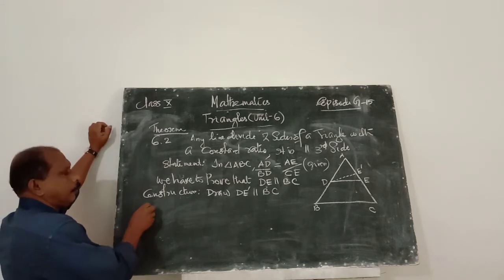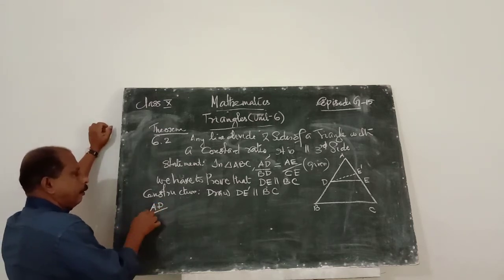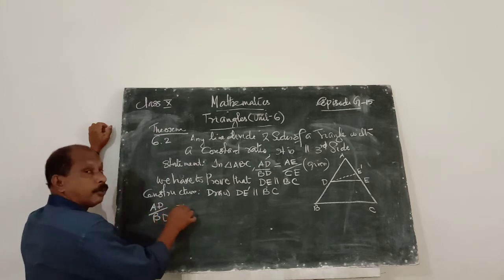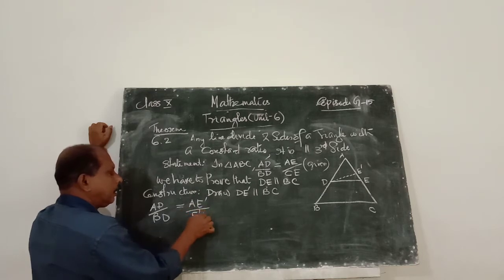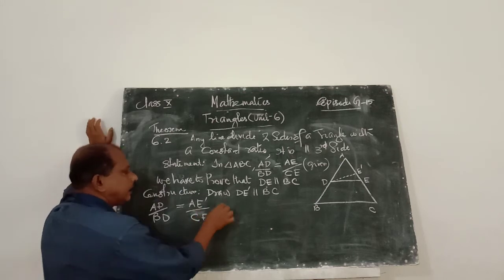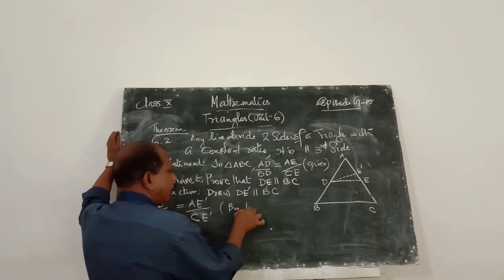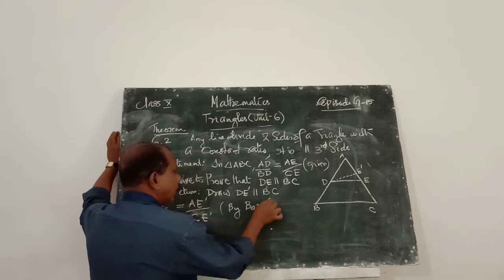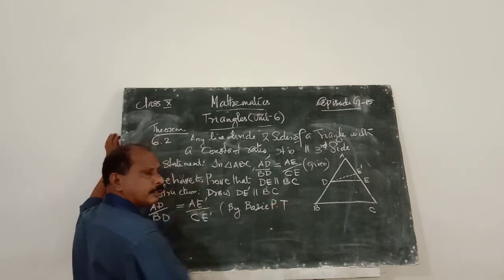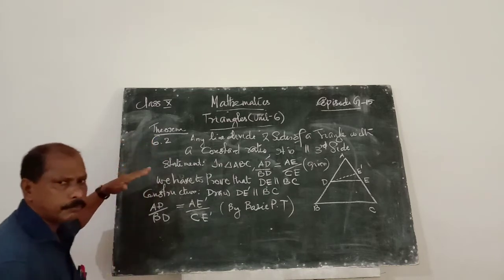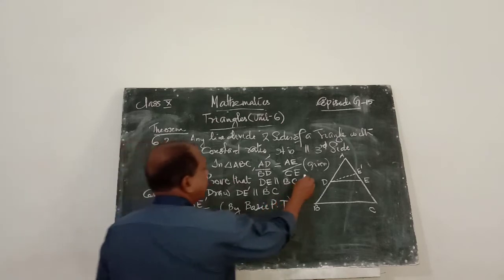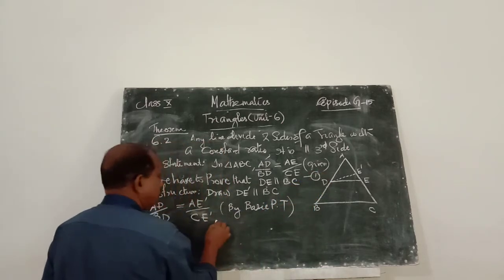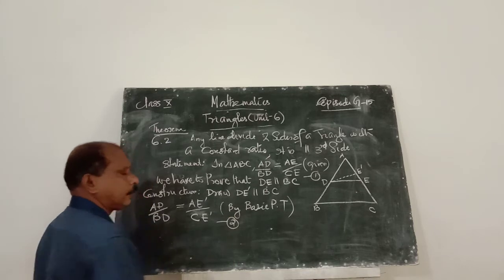Therefore, AD by BD is equal to AE dash by E dash C, by the basic proportionality theorem, BPT. We know the theorem; that is the first theorem. The first one is given, equation number 1. The second one we obtained by the basic proportionality theorem, equation number 2.